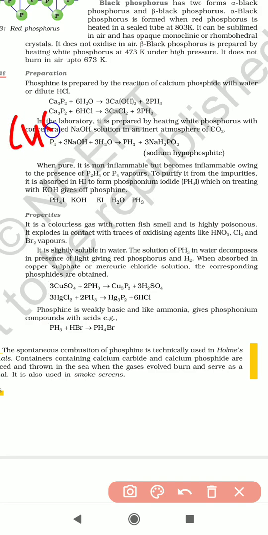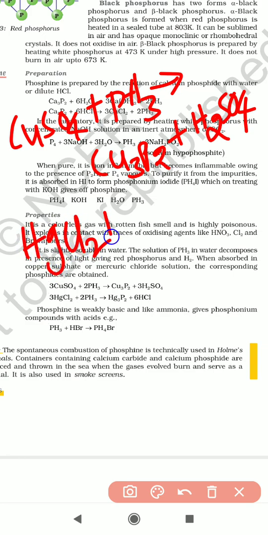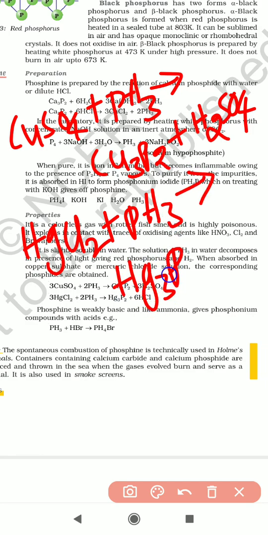For example, copper sulfate reacts with phosphine, PH3, to produce copper phosphide, Cu3P2, plus sulfuric acid. Mercuric chloride reacts with phosphine to produce mercuric phosphide, Hg3P2, plus hydrochloric acid.